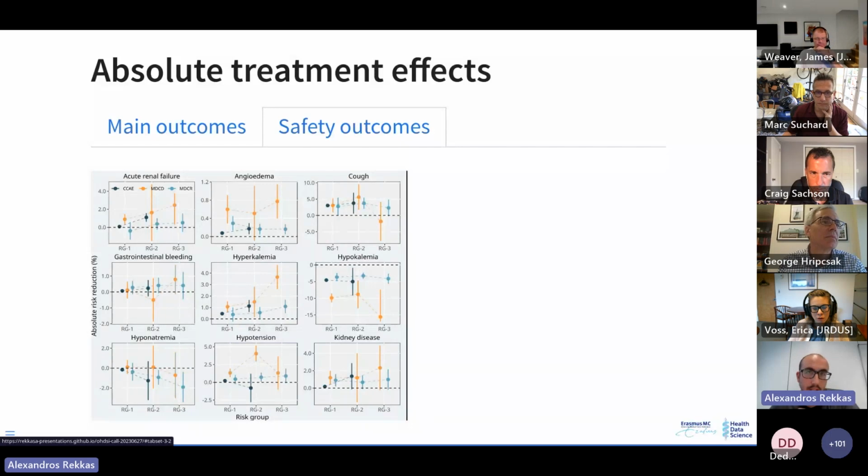Second, this is because the overall benefits that we observed were mainly driven by high-risk patients, whereas third, lower-risk patients didn't see so much benefit. So, provided that the absolute benefits of thiazides for the main outcomes were mainly observed in patients at high acute MI risk, the prescribing physician needs to carefully weigh benefits and harms for individual patients.